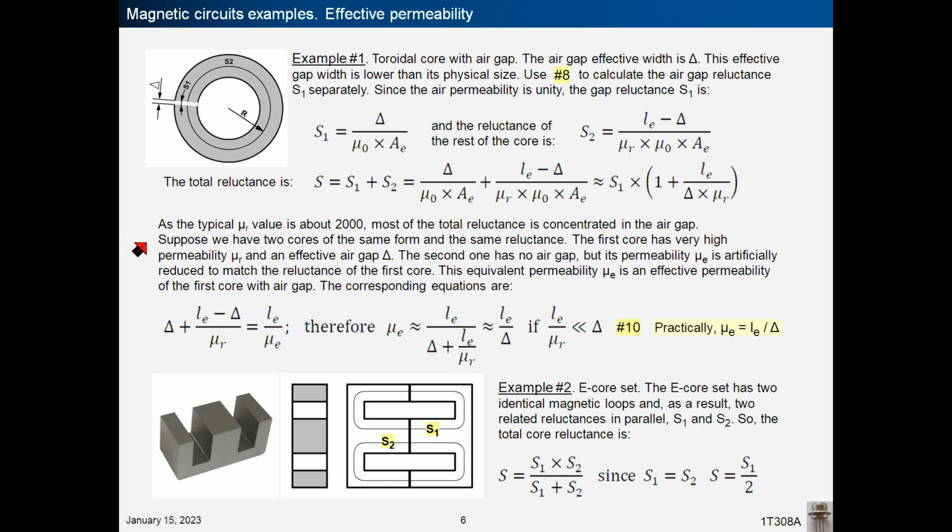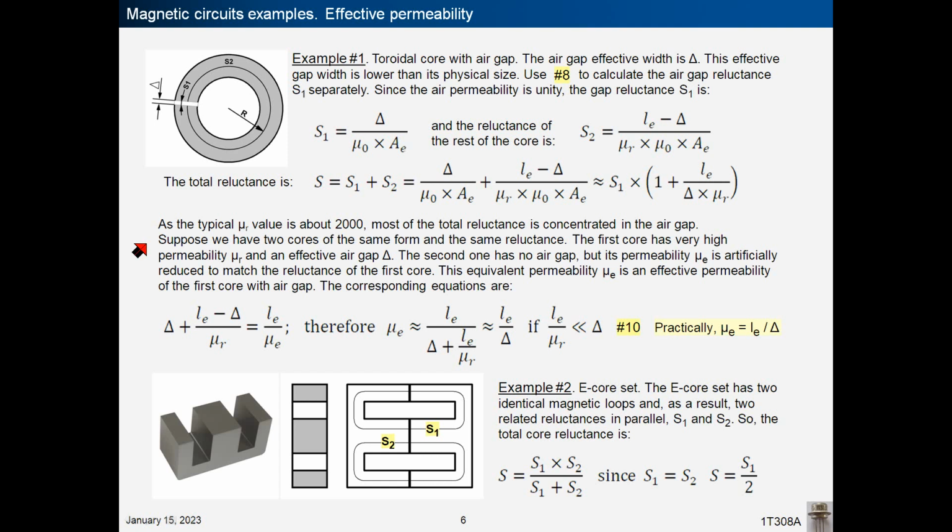Suppose now that we have two cores of the same form and the same reluctance. The first core has a very high permeability mu r and an effective air gap delta. The second one has no air gap, but its permeability mu e is artificially reduced to match the reluctance of the first core.